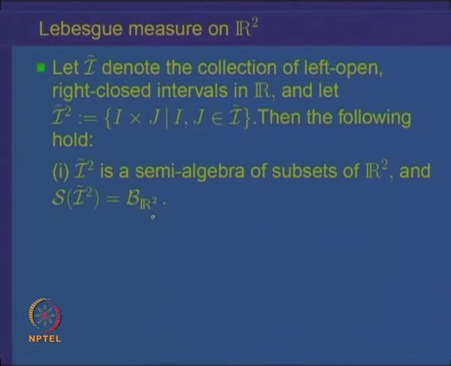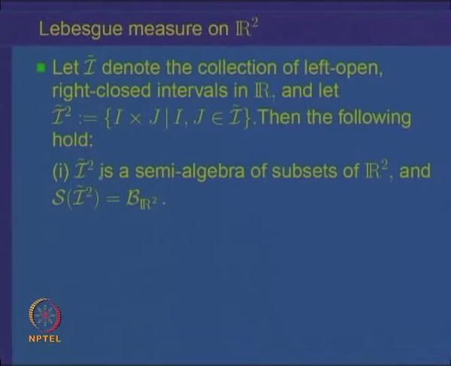To prove this, we already know that I tilde, the left open right closed intervals, form a semi algebra of subsets of the real line, and we have already shown that if you take rectangles consisting of elements of the semi algebra, then they themselves form a semi algebra, namely the product of semi algebras is always a semi algebra.